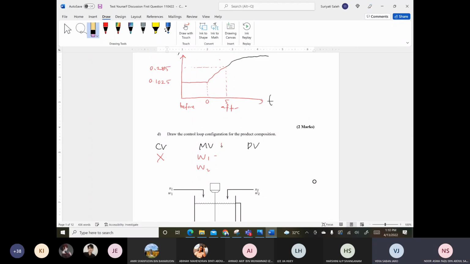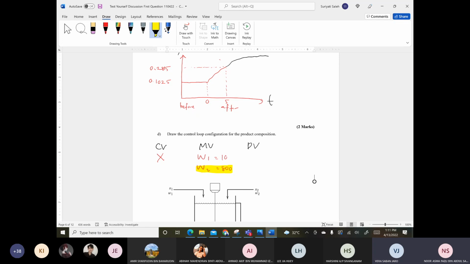Based on this, we can decide the suitable manipulated variable should be W2, because it has a dominant effect due to the highest flow rate, 800 compared to 10.